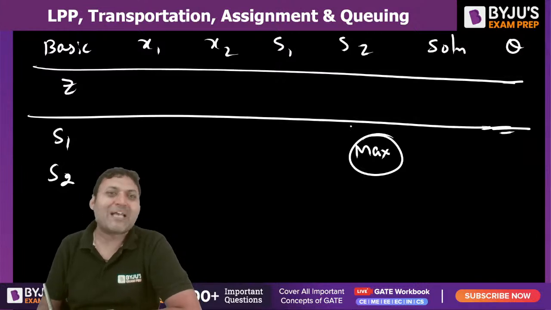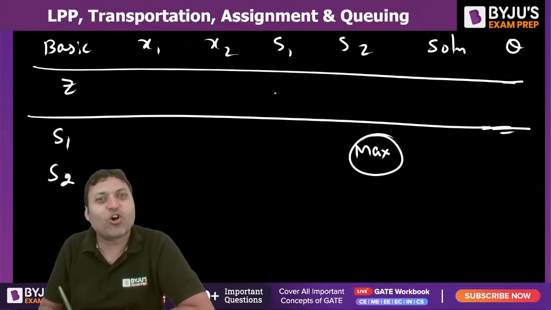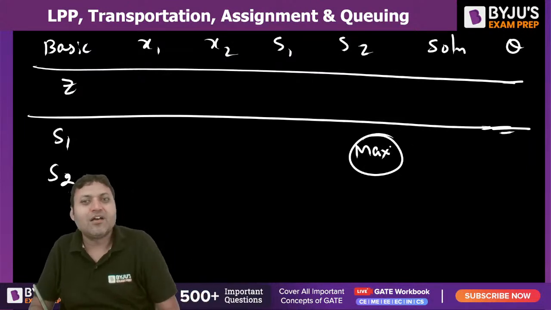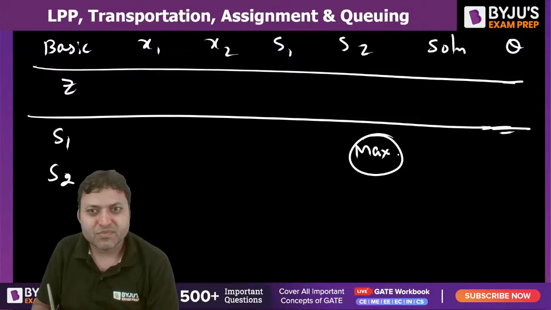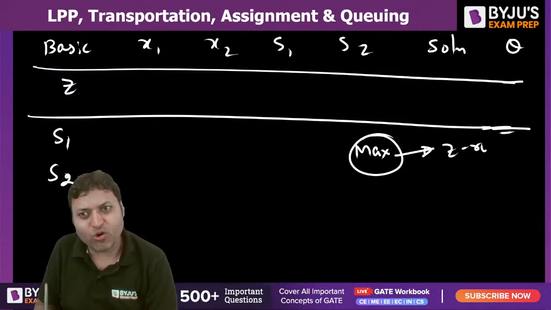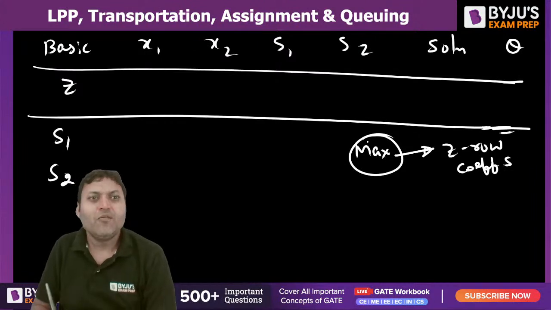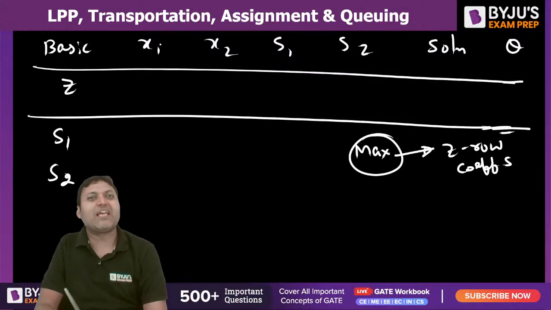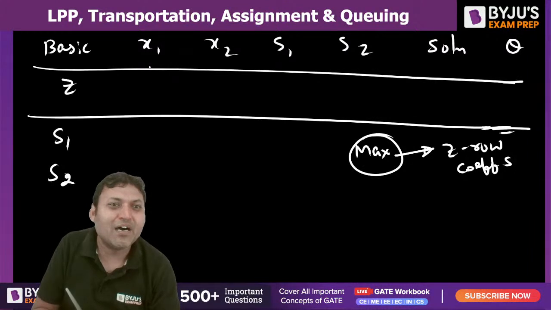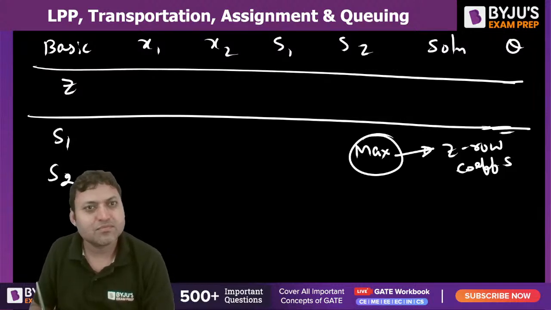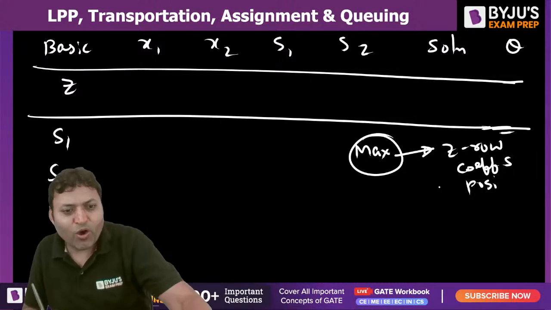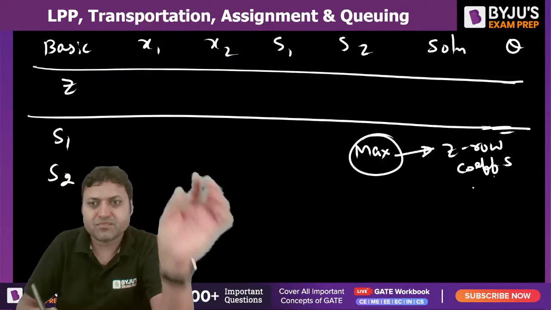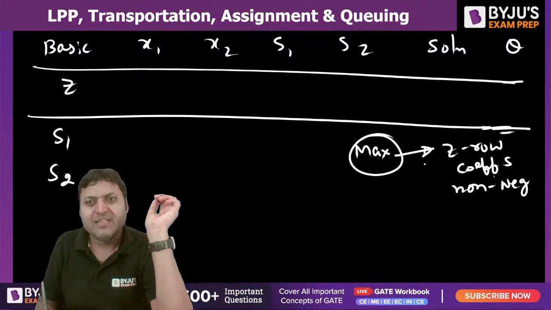For a maximization problem, the entering variable is the non-basic variable with the most negative Z-row coefficient. When all the Z-row coefficients become non-negative, then it is optimum.